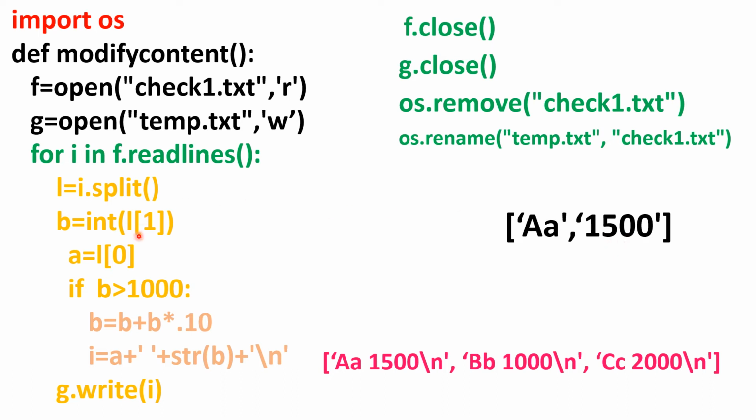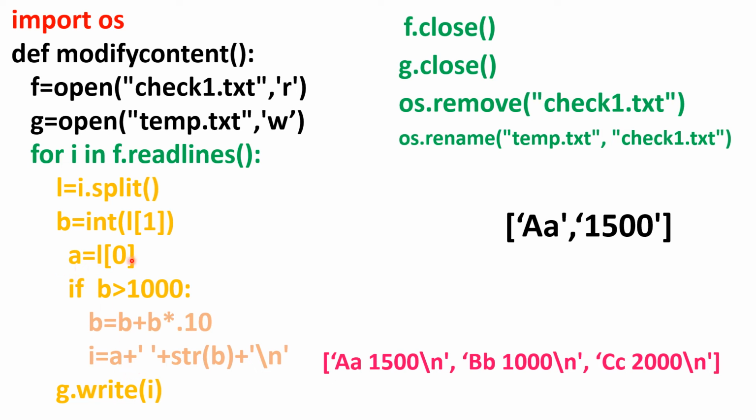Now here L[1], that is the salary, is converted into an integer, stored in b, and this is the name present at the 0th index of the list. Now we check if b, which is 1500, is greater than 1000. The condition is satisfied, so we add 10% of 1500 to b, and then again we make a string a.